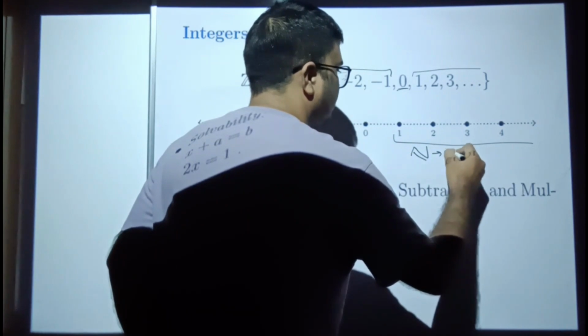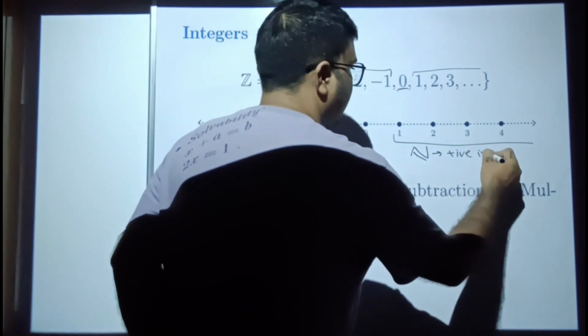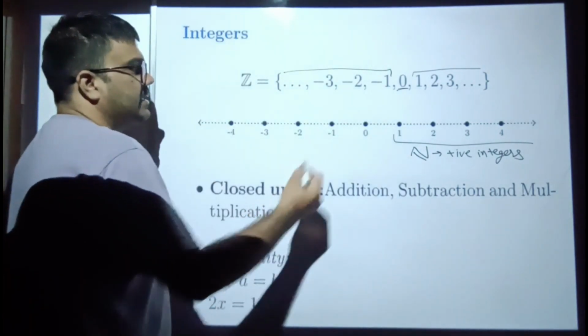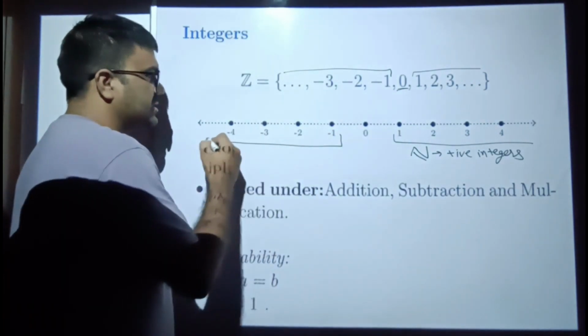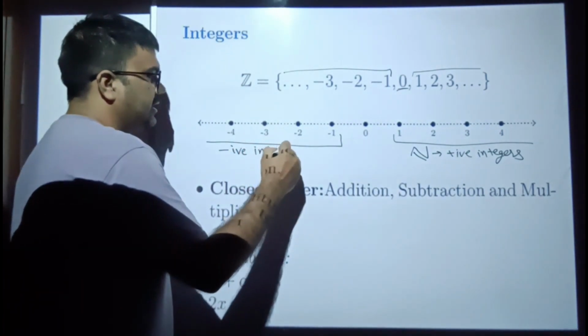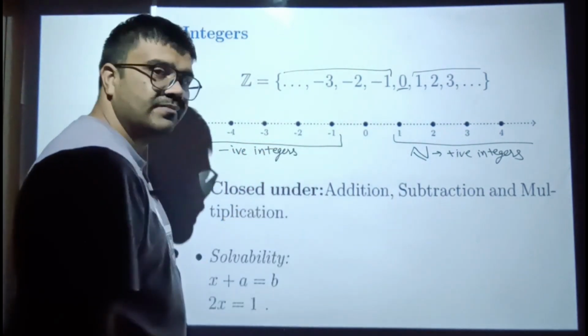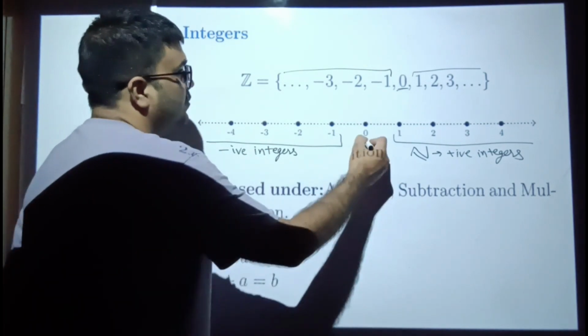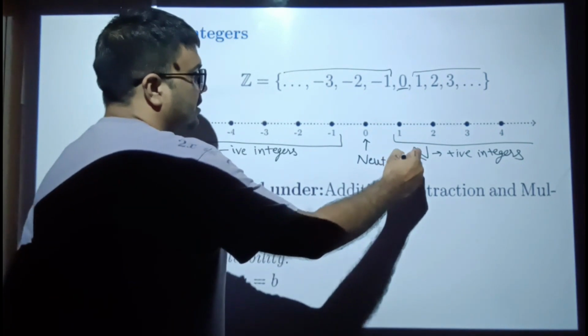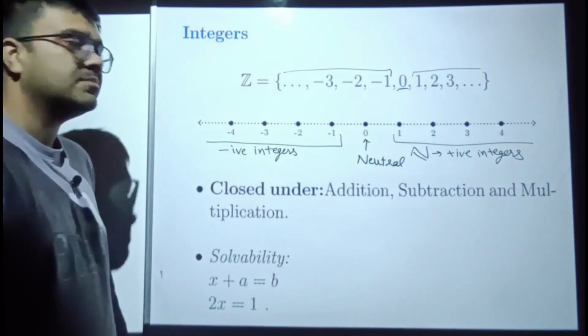These are also called the positive integers. Then the numbers -1, -2, -3, -4 are the negative integers. These are the negatives of the natural numbers. Then 0 we have over here, this is the neutral number.